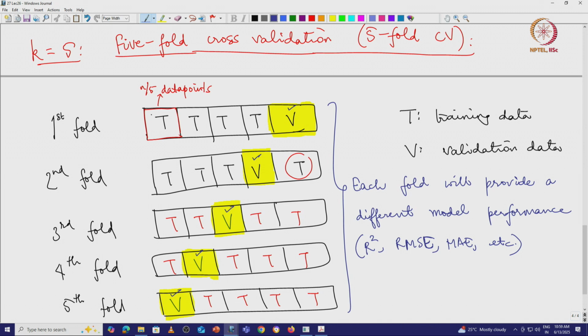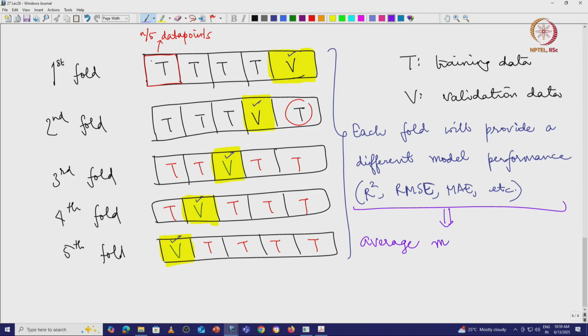So each fold will provide a different model performance, and the average metric will be computed over these 5 folds. So an average model performance will be estimated over the k folds, and this way you are not really biasing your model.